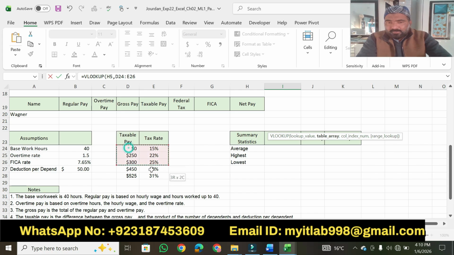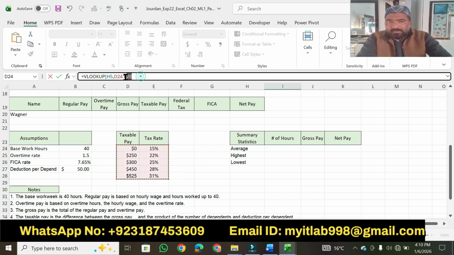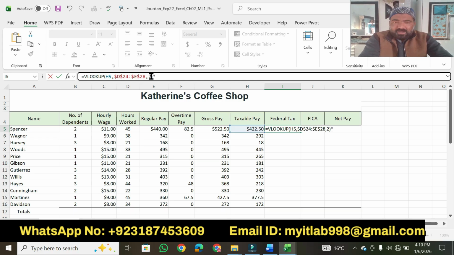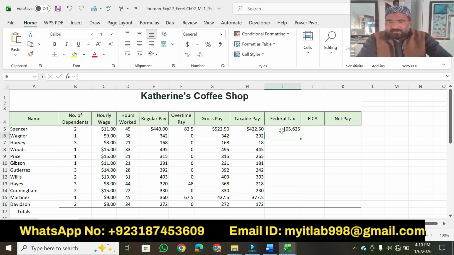Okay, now we have to make that absolute. Then we have to use the second column because we need the tax rate, so that is in the second column. Then we have to multiply by this taxable pay. That's why we multiply by H5 and we get the result.